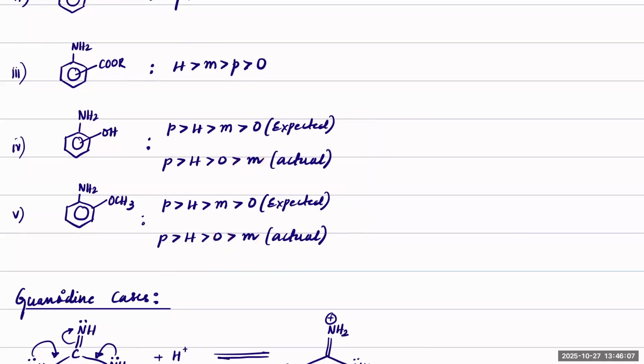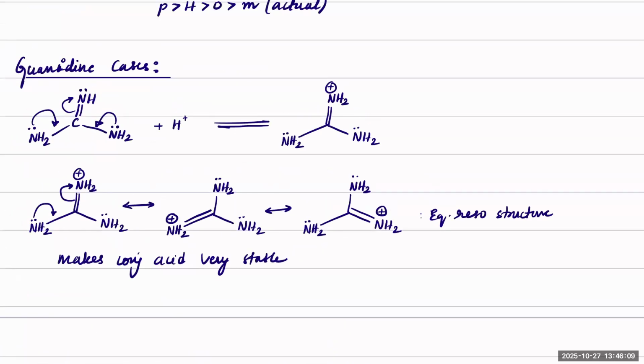Okay. Next is guanidine cases. Guanidine means when you have a C double bond N and then another bond is connected with NH2, then the lone pair of nitrogen can easily bond with the double bond, and that can create resonance. So that means if this nitrogen which is localized takes H plus, you will get this NH2 plus.